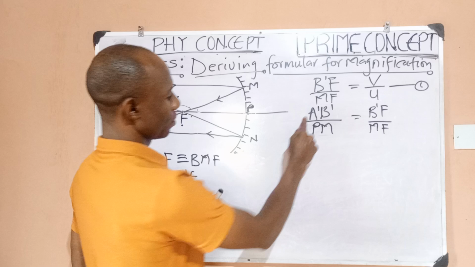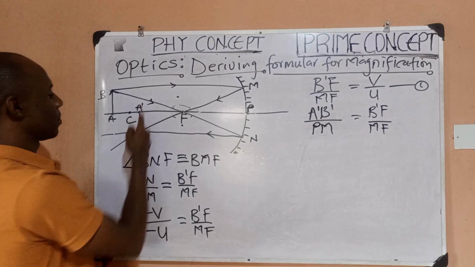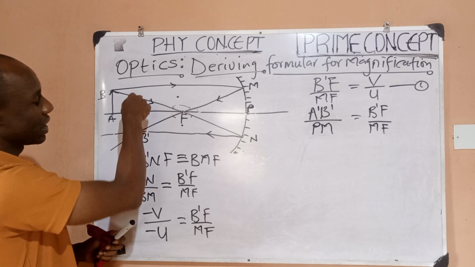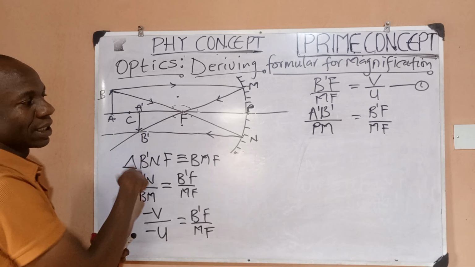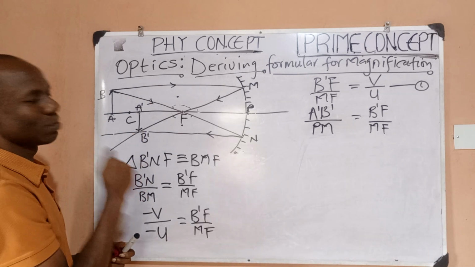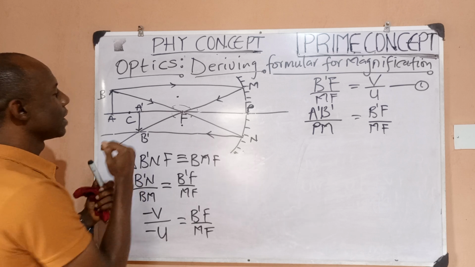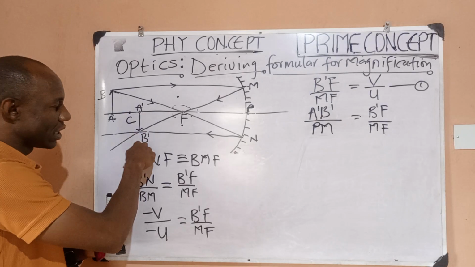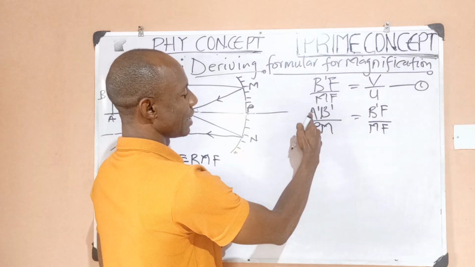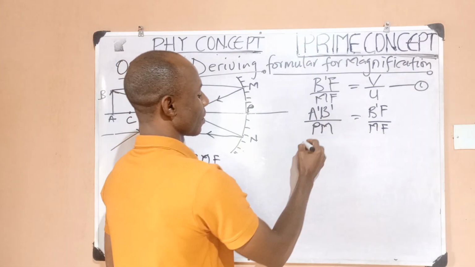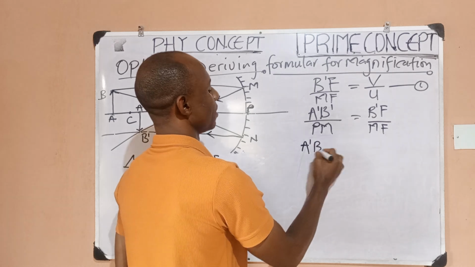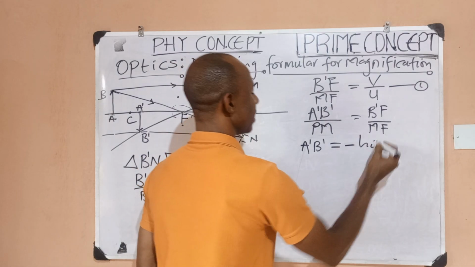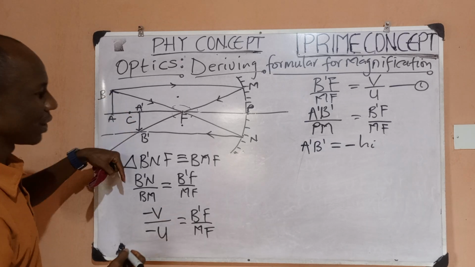Now A prime B prime is simply the height of our image. Since our image is pointing down, the height of the image is going to be negative. I mentioned that if it is pointing up, it should be positive. So I'm going to replace A prime B prime, the height of image, with negative hI.